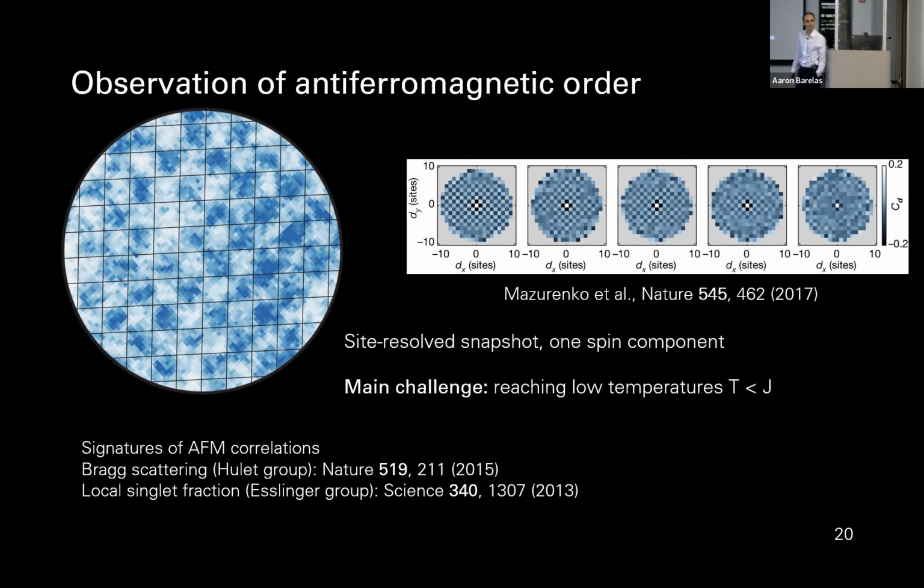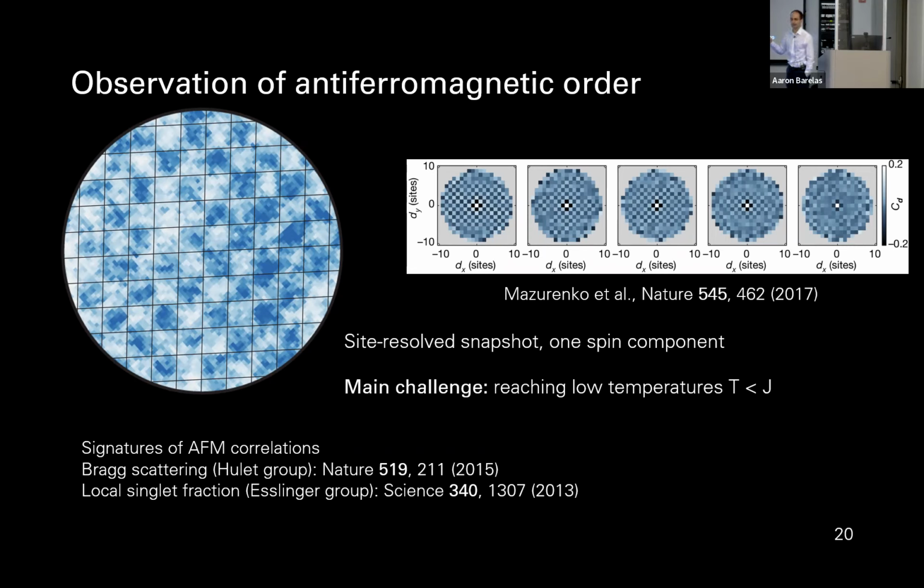Isn't it 0 in 2D? Oh yeah. So maybe one caveat here. There is no true long-range order in 2D due to the Mermin-Wagner theorem. So what we call long-range order is maybe a misnomer here.